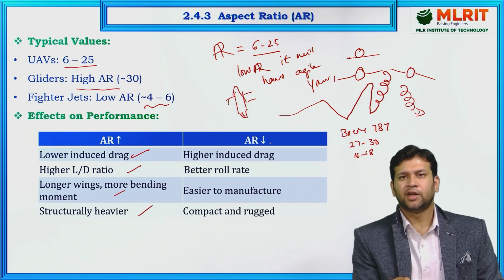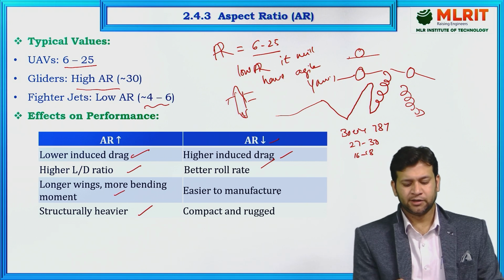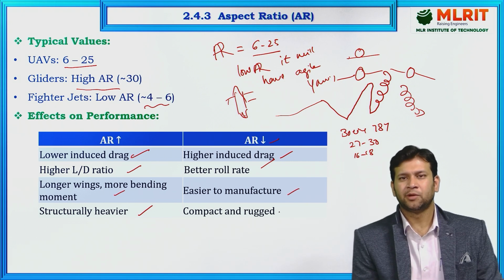In the case when aspect ratio is low, it will have higher induced drag, it will have better roll rates such that it can go for sudden pull up and sudden pull down maneuvers, spiral dive and spiral pull up, and it is easier to manufacture, and it will be compact and rugged.